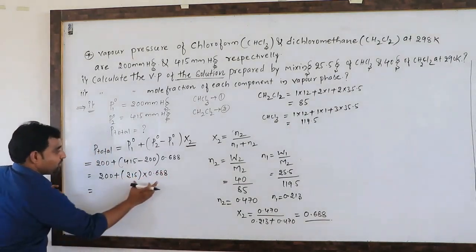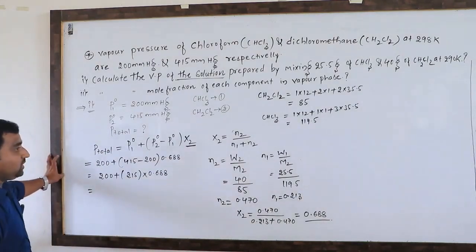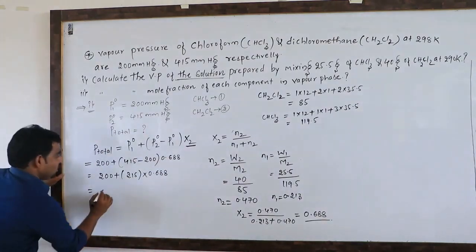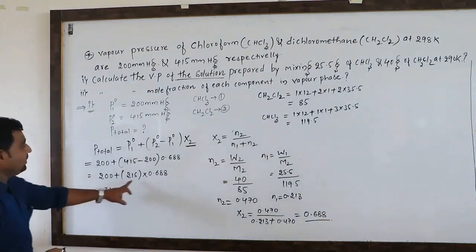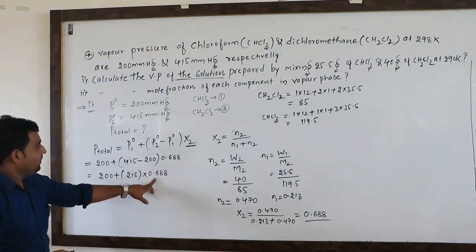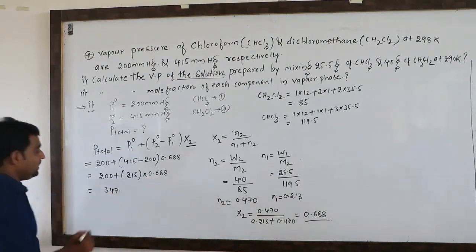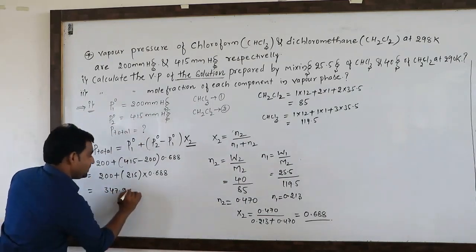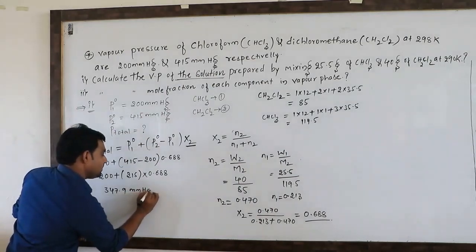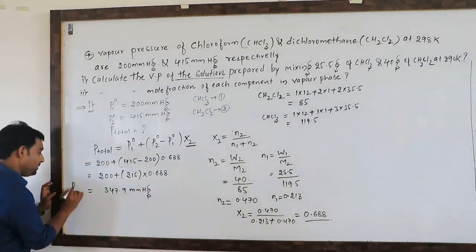We have to multiply these two and we will get the final value. P total is equal to 347.9, given in mmHg. So this is what P total is.